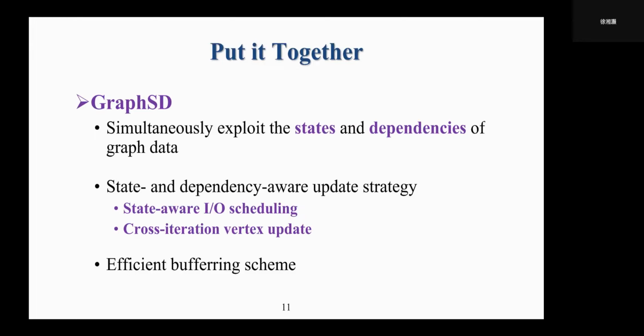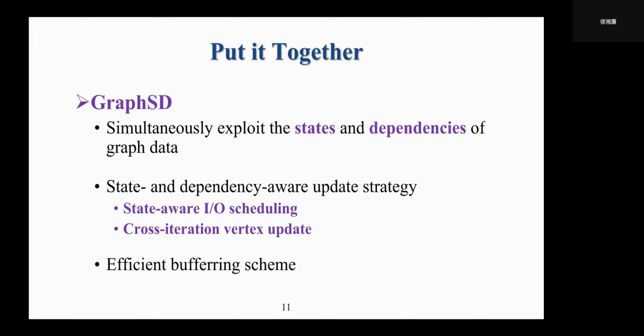By combining the above two designs, we propose an I/O-efficient out-of-core graph processing system called GraphSD. Its key idea is to simultaneously capture the state and dependency of graph data during computation to significantly reduce I/O traffic.